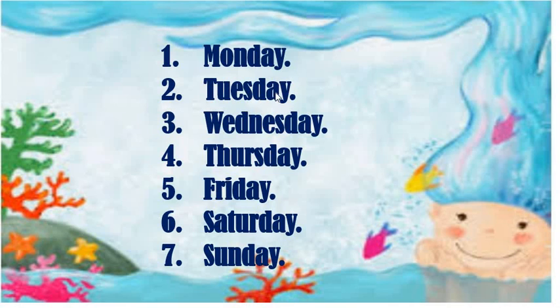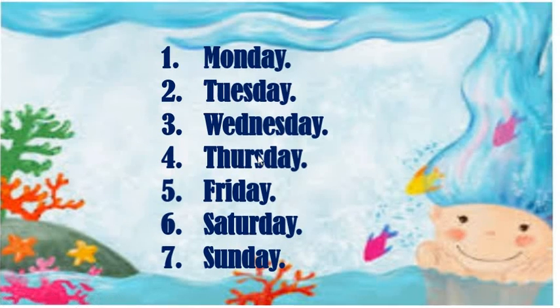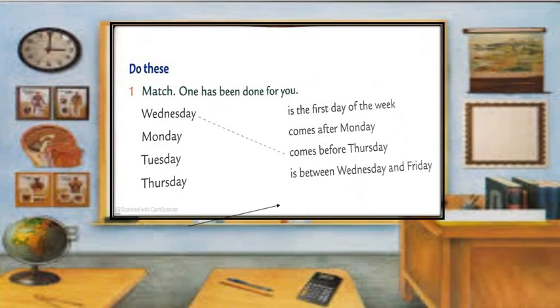Tuesday comes after Monday. First we have Monday, then Tuesday. So we can match it with comes after Monday. Last one, Thursday, is between Wednesday and Friday. Wednesday, Thursday, Friday. So we match it with this.